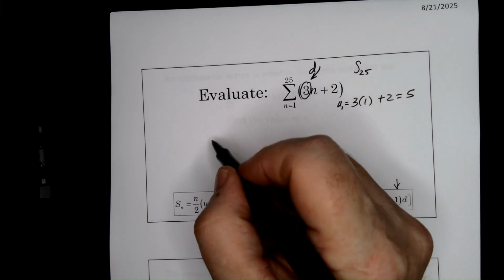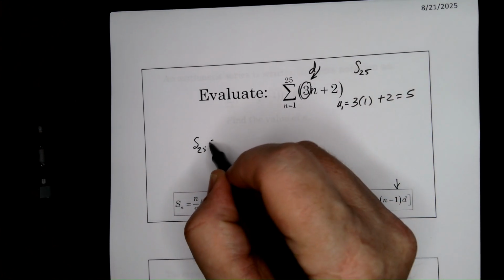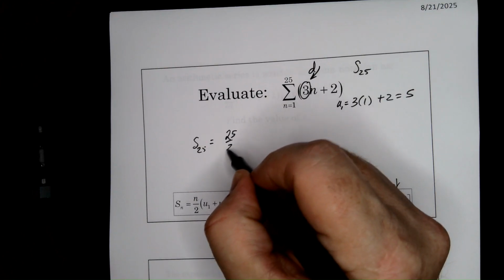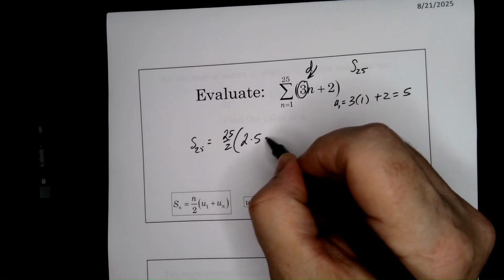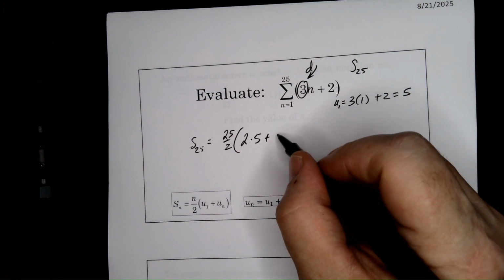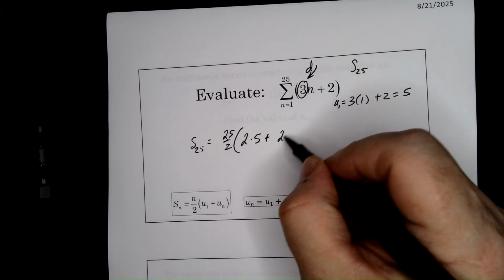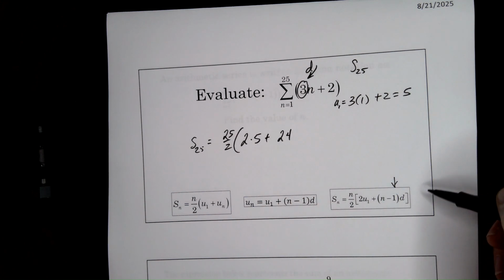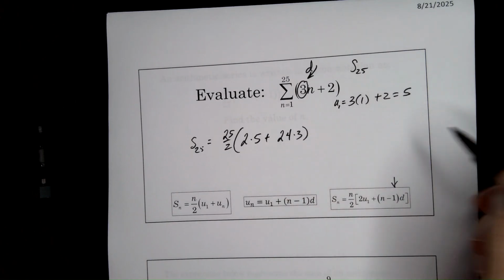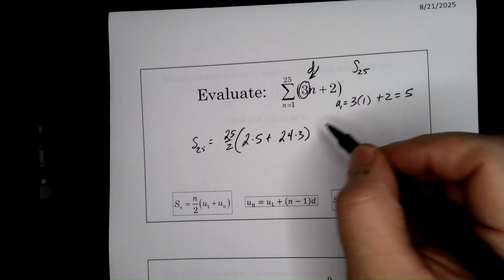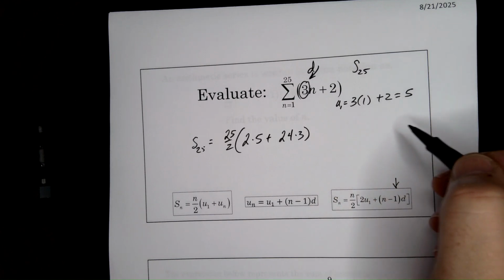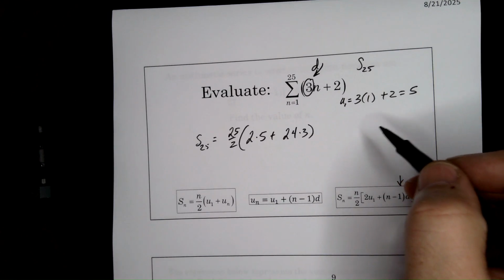So let's do this. We're going to do 25. So S25, 25 over 2. 2 times 5 plus N minus 1. So N is 25, minus 1 is 24, times D, which is 3, right? So whatever this turns out to be, that's what we're gonna have.